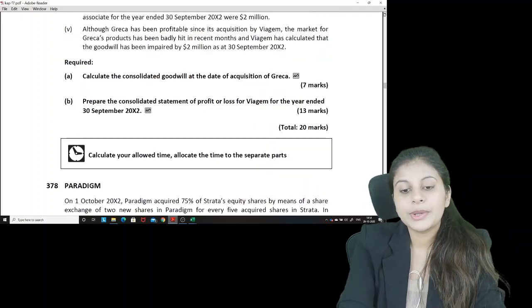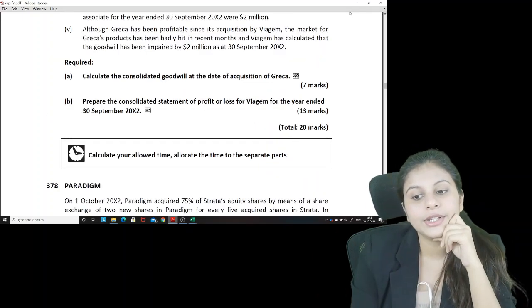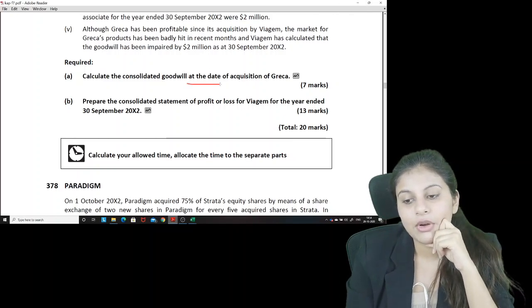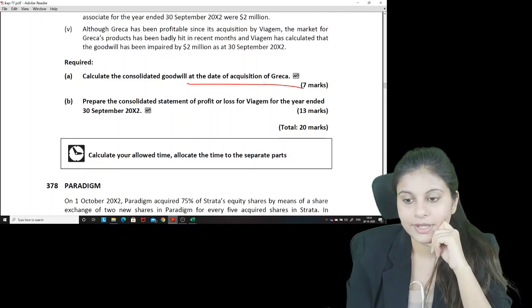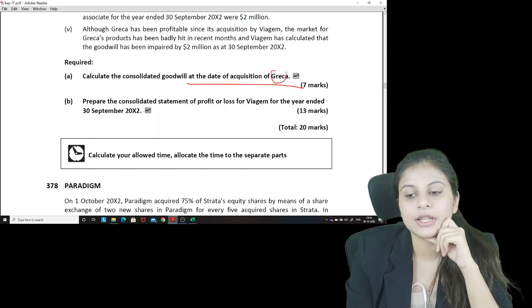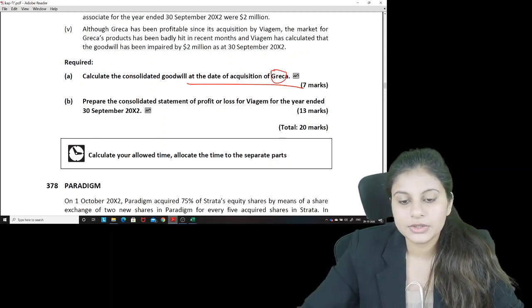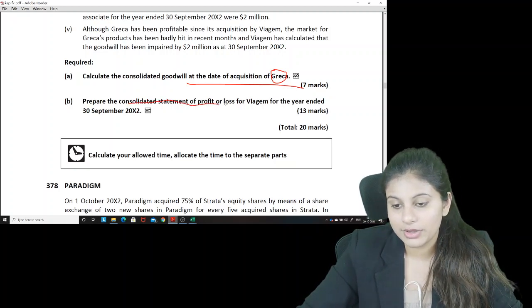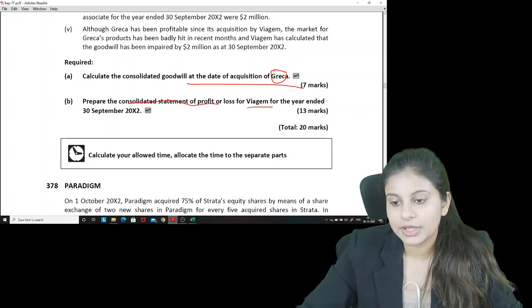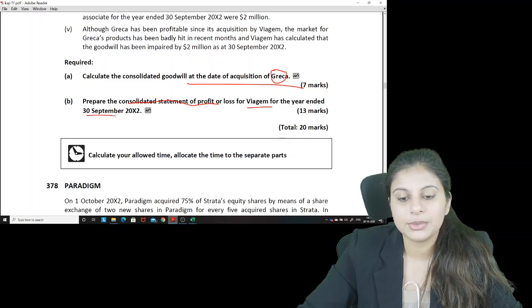The first requirement says: calculate the consolidated goodwill at the date of acquisition of Gresa. So Gresa must be the subsidiary, that's why they are asking me to calculate the goodwill of Gresa. Then prepare the consolidated statement of profit or loss for Viajam for the year ended 30 September 2002.